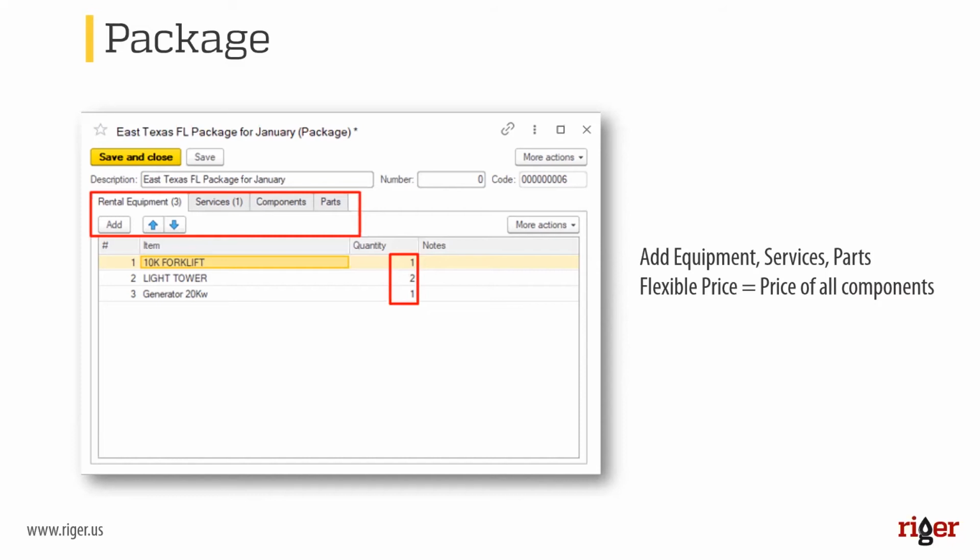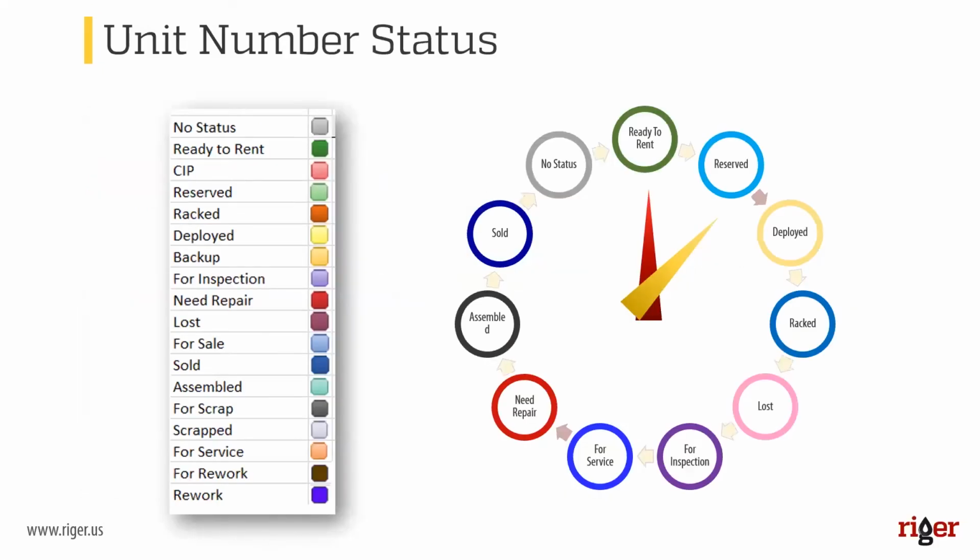For example, if you remove some parts or components of the package, the price is adjusted accordingly, and it's the sum of all included parts. That's the price of the package. So these are the basics of the asset combinations we have in RigER.